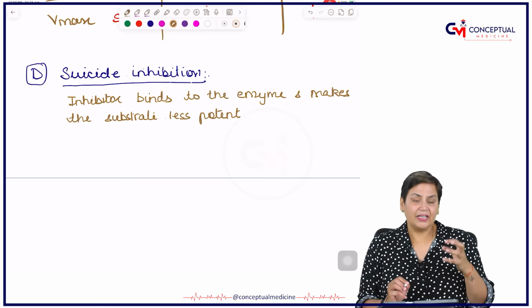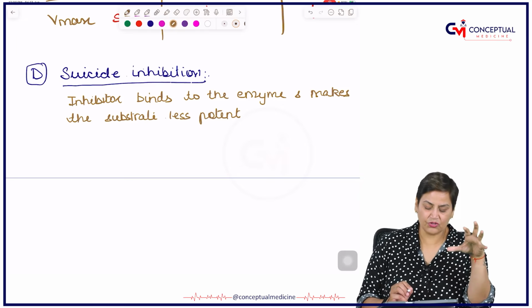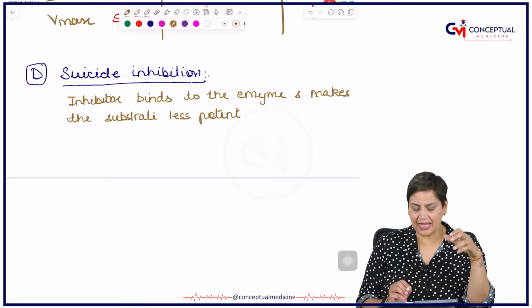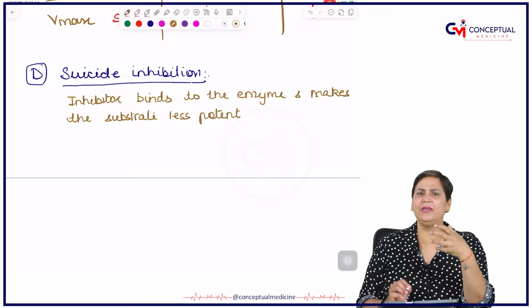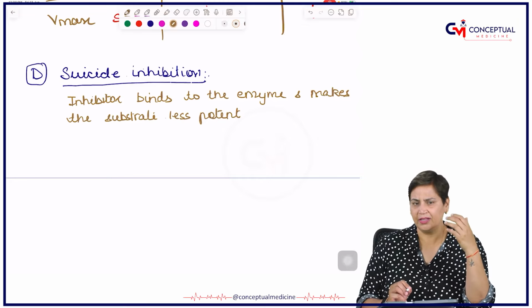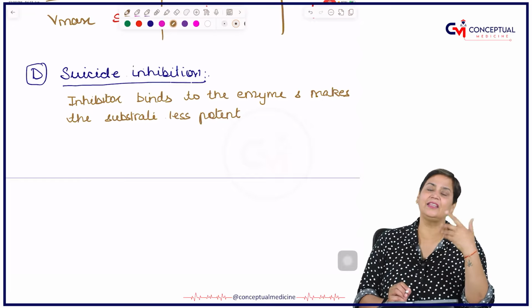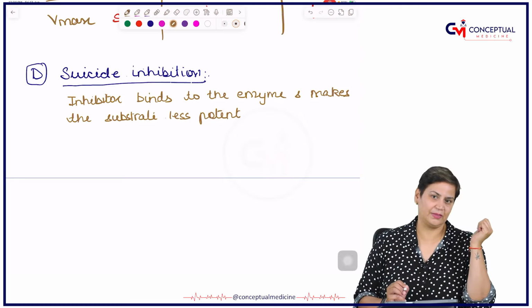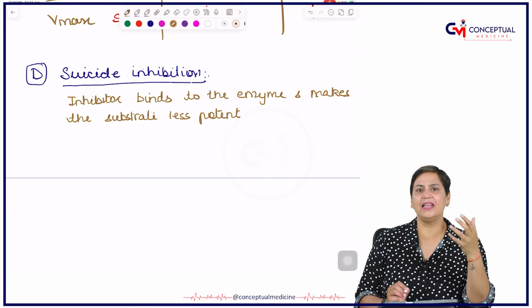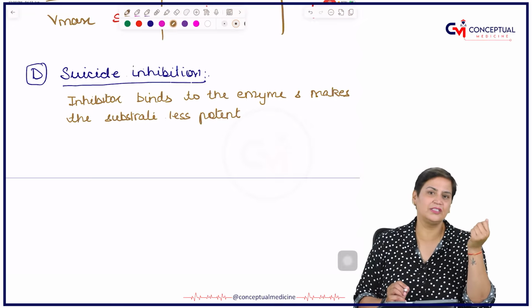When the inhibitor is binding to the enzyme, the potency of the substrate will decrease, and the complex will be so powerful that it will not let the substrate react with this. Okay, that is why we say the body has committed suicide.